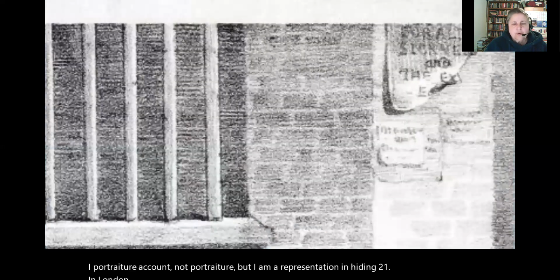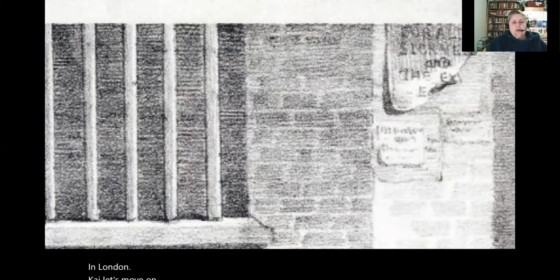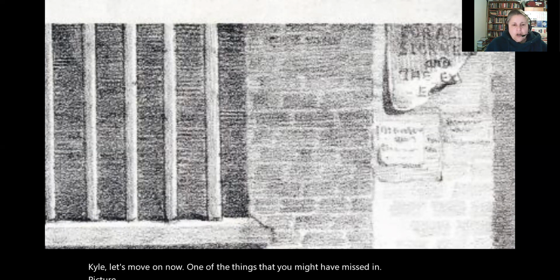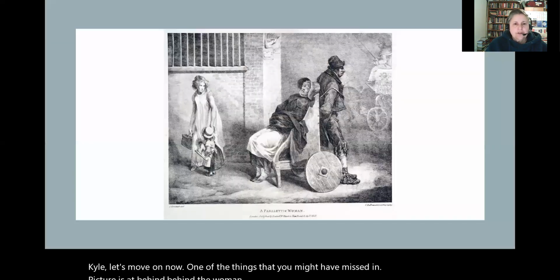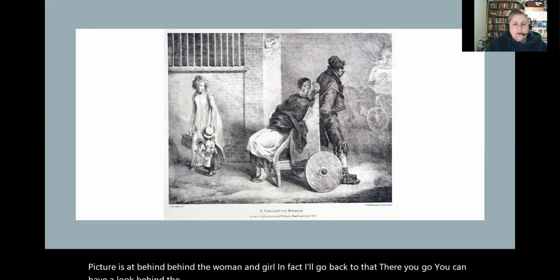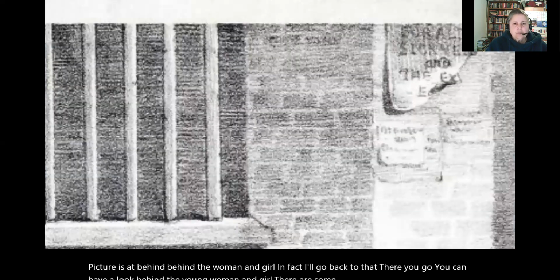Okay, let's move on. Now, one of the things that you might have missed in the picture is behind the woman and girl. In fact, I'll go back to that. There you go. You can have a look. Behind the young woman and girl, there are some bars. Let's have a move at this.